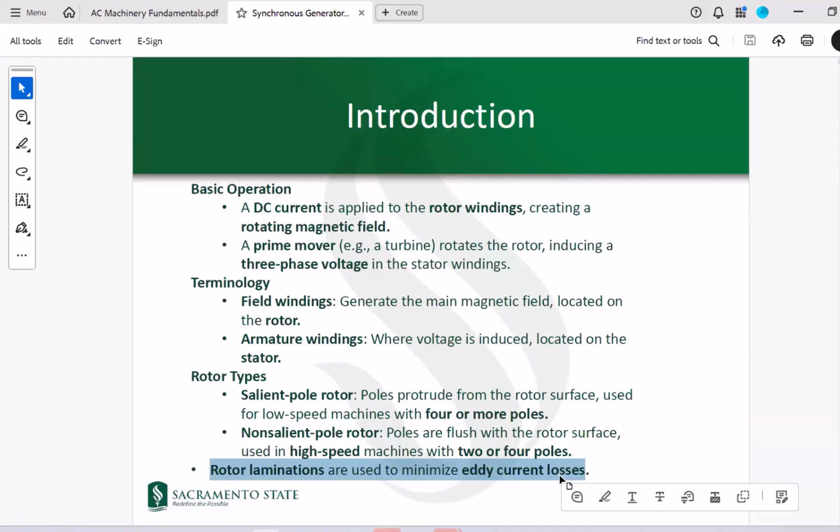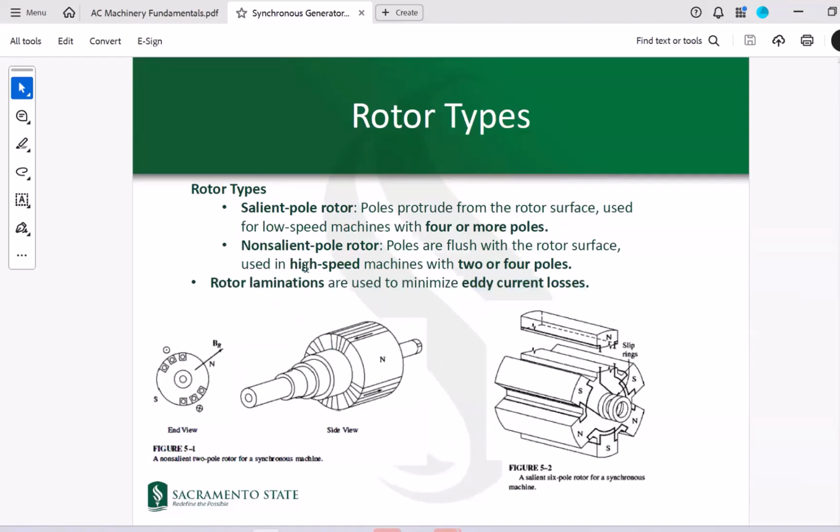One way to minimize that is to design the magnetic core in a way that it is sliced, but the slices are sealed from one another so that the electrical currents do not get a chance to go through the whole body of the magnetic core. They just restrict it to their own sheet, if that makes sense. So that would minimize the eddy current losses.